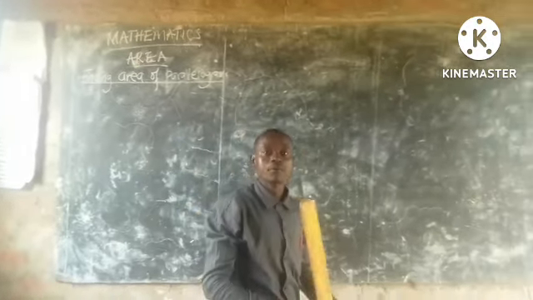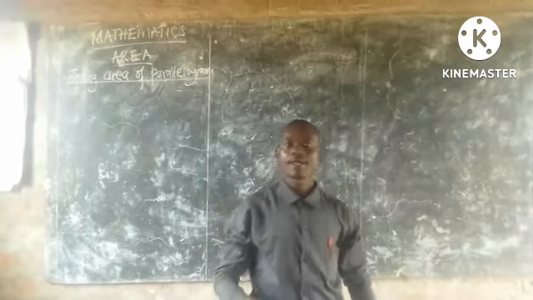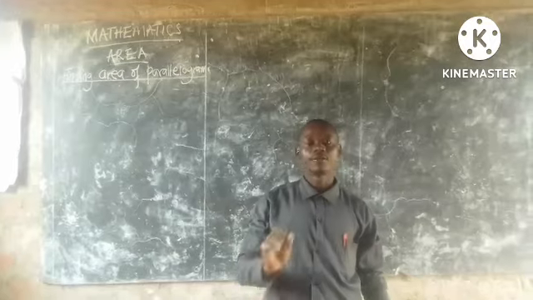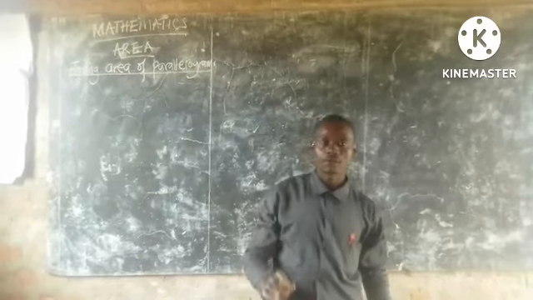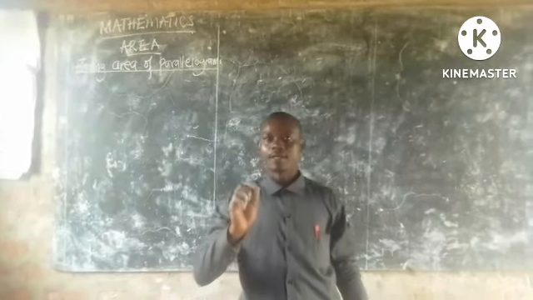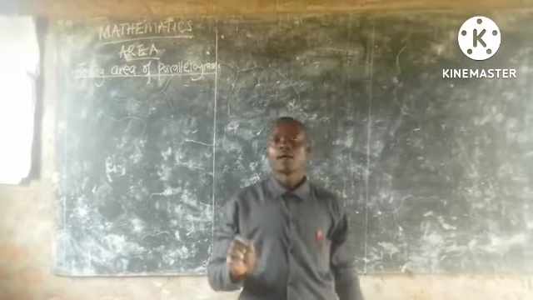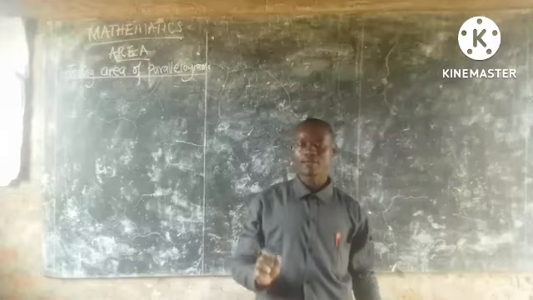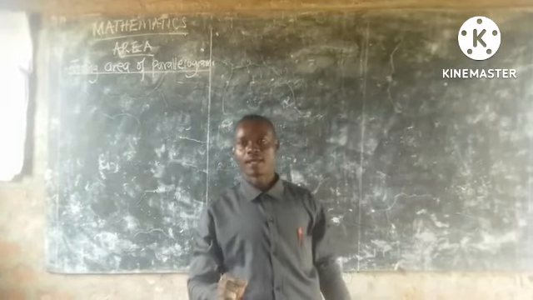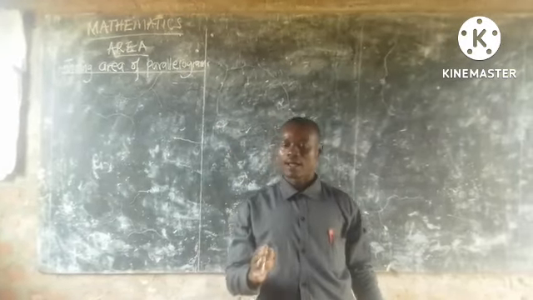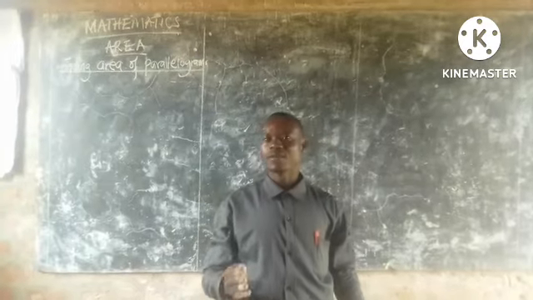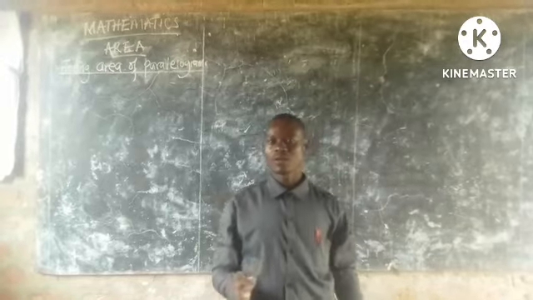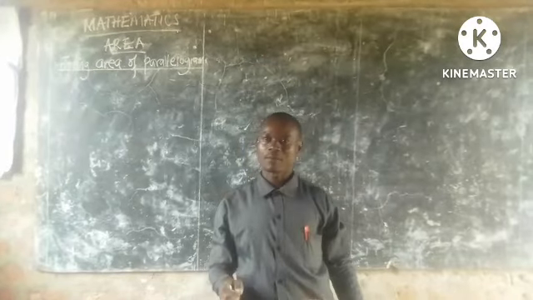So before we begin checking on how we can find the area of parallelograms, we have to discuss briefly on parallelograms. We know, of course, a parallelogram is a four-sided figure, and it is a distorted rectangle, whereby the width of the rectangle is being distorted in a slanting way to make what we call the parallelogram.